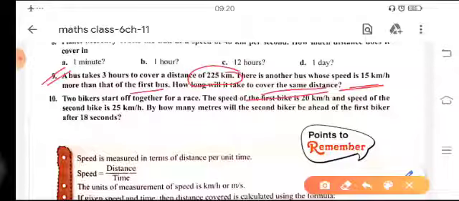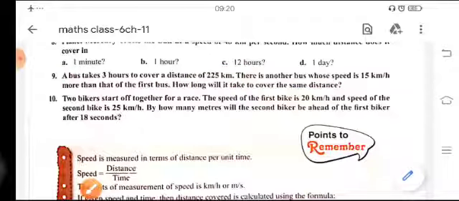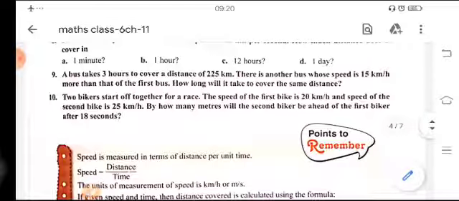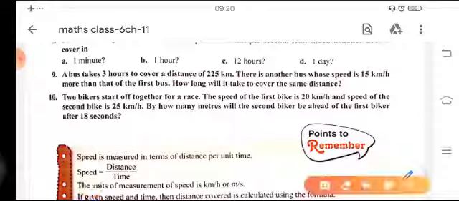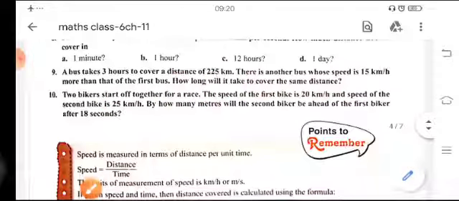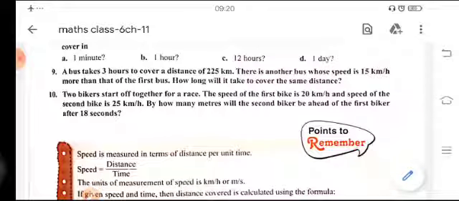First we will find the speed of bus A with the help of distance and time, so speed equals distance upon time. After getting the speed of bus A, we will find the speed of bus B, and then we will calculate the time. So in this question, 2 questions are included.